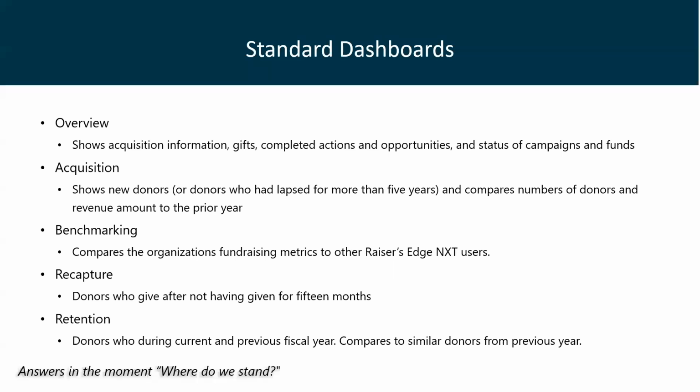This is a newer one, and I love this, so we're going to take a look at that benchmarking dashboard. The recapture dashboard shows donors who have given after not having given for a period of 15 months. And then retention shows donors who gave during the current and previous fiscal year and compares them to similar donors from previous years. So answering kind of where do we stand?